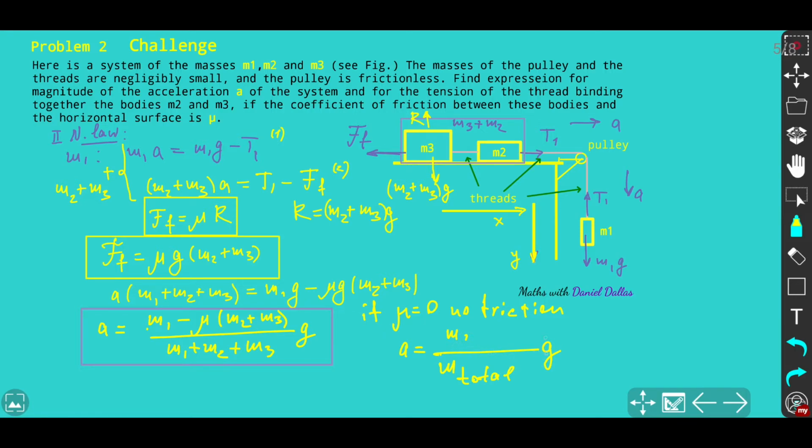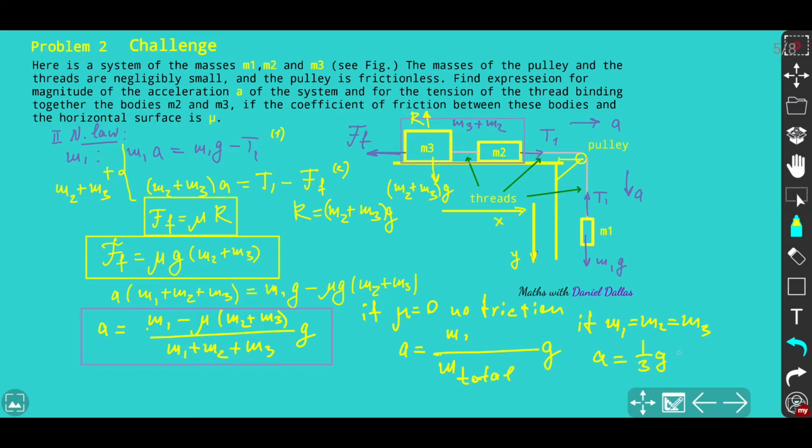Let's assume that all masses are equal. So in our case, A is going to be 1/3 of g. Pretty natural explanation for that.